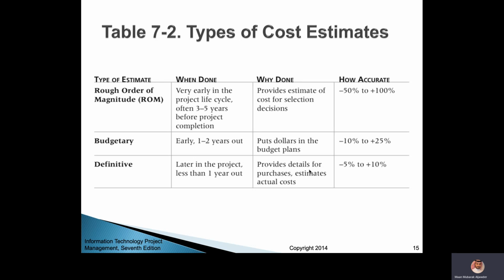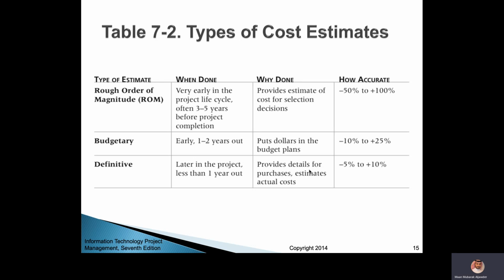So your estimate here will be based on some real figures from quotations. It might change, but not much. For example, the vendor will change the prices or something like this. The difference will not be much. So the accuracy you see here is like from minus 10% to plus 25%. So it's less than the previous one.